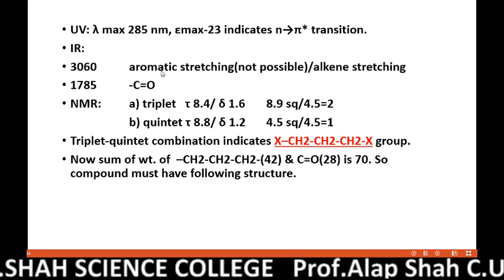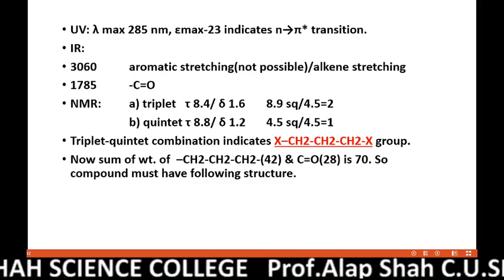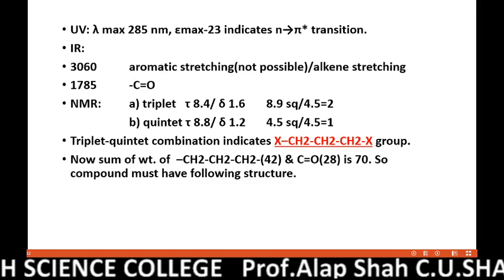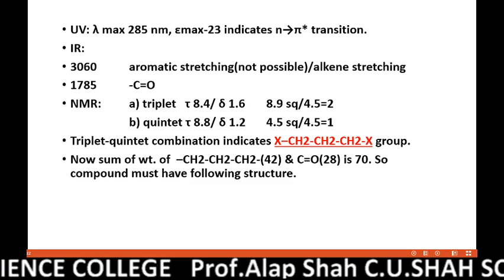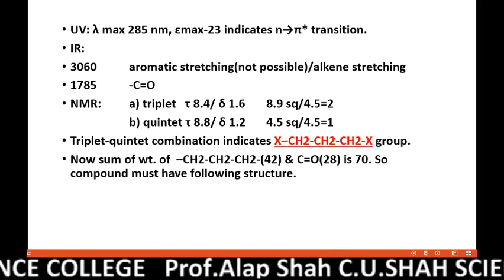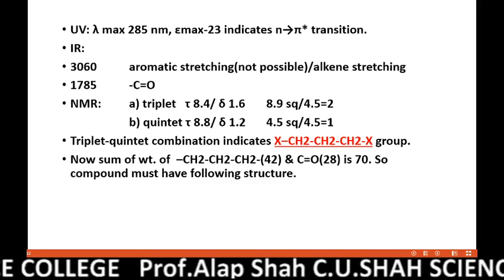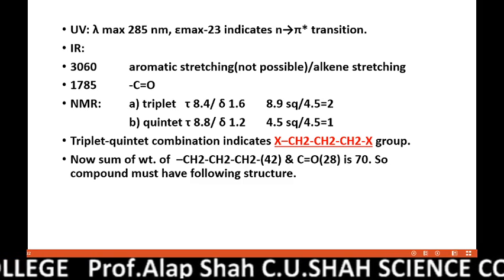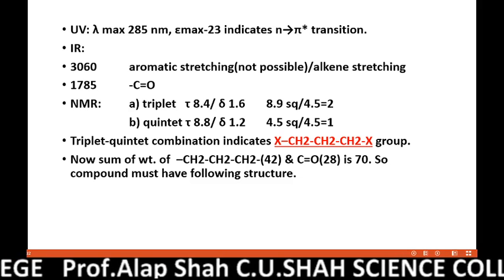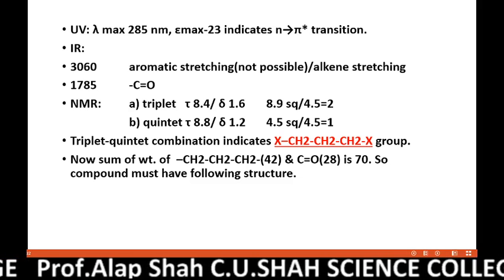You will find that value in aromatic stretching, but as I said, that is not possible. Also alkene stretching. In my previous presentation also I informed you that sometimes IR values differ from the data. So always we should derive the structure according to other proof also.